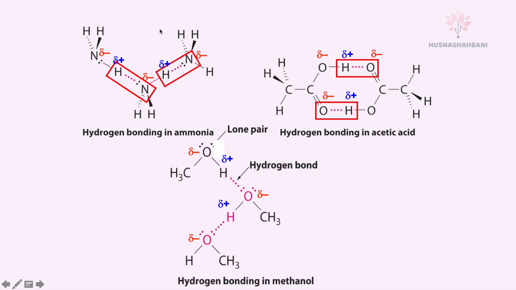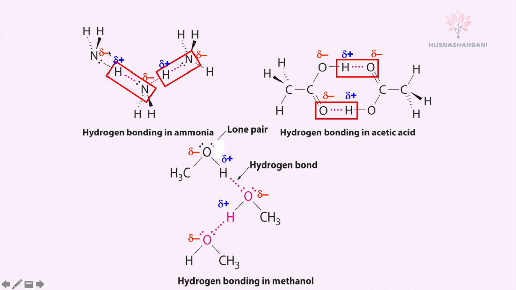In ammonia, 3 ammonia molecules, 1, 2, 3. So for this one molecule, the hydrogen atom is bonded to the N. This one, in acetic acid, hydrogen atom is bonded to O. Another one, hydrogen atom is bonded to O as well.